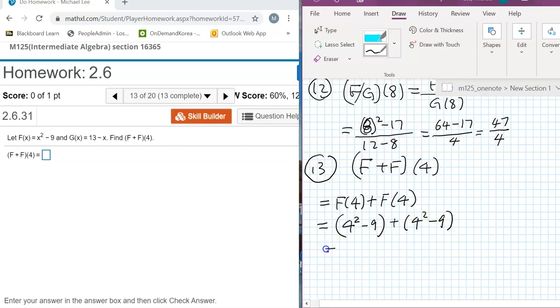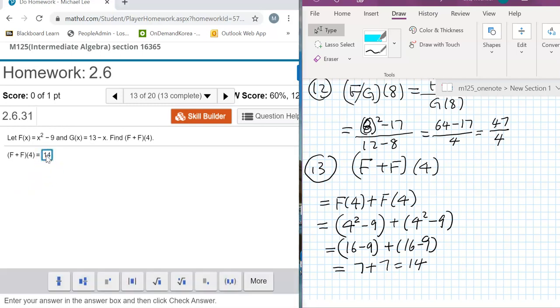Okay, there's no g involved here. 16 minus 9 plus 16 minus 9. So 16 minus 9 is what? 7 plus 7, which is 14. Okay, so the answer is 14.